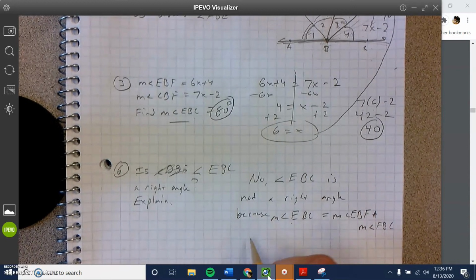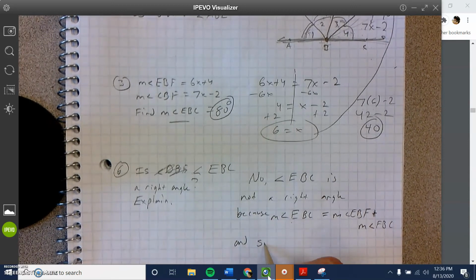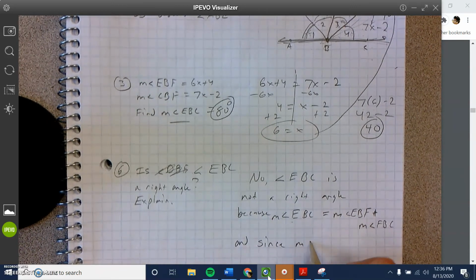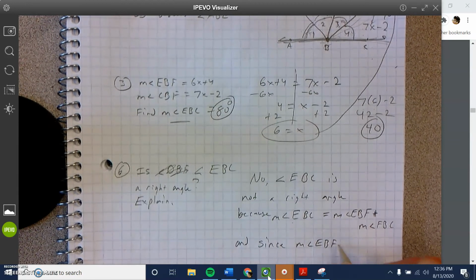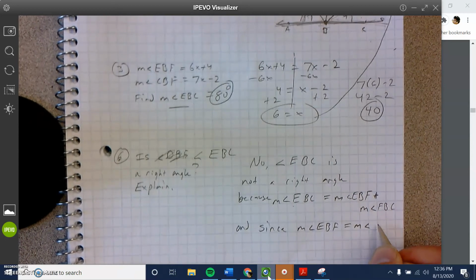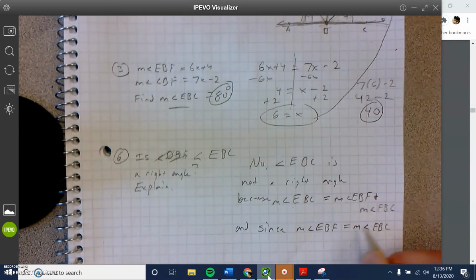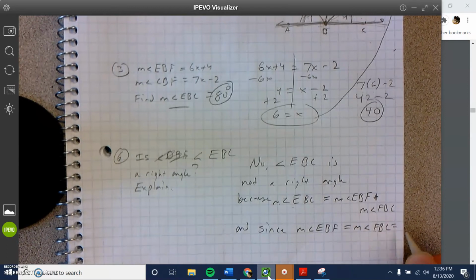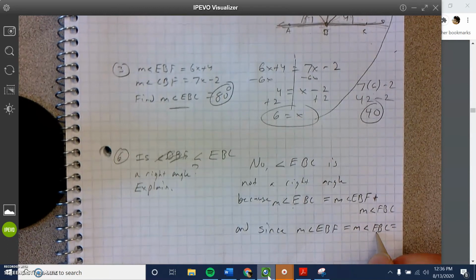Okay, so this and this, and since the measure of angle EBF equals the measure of angle FBC, which means that they're the same, they're congruent, and we already got that, which equals 40, right?